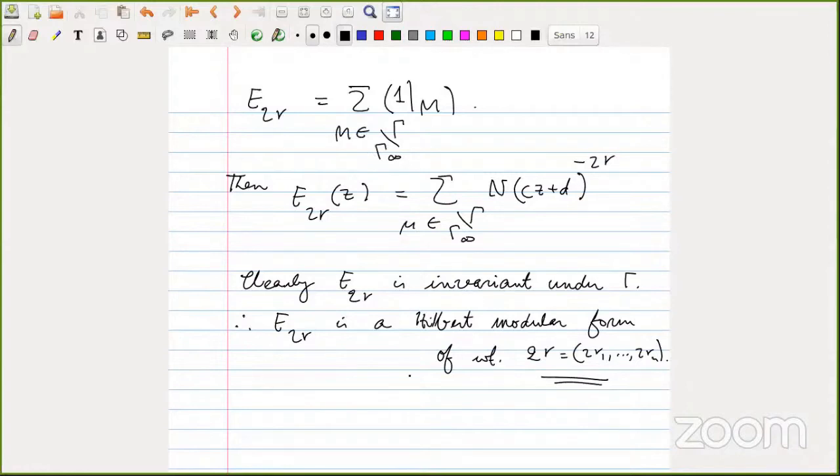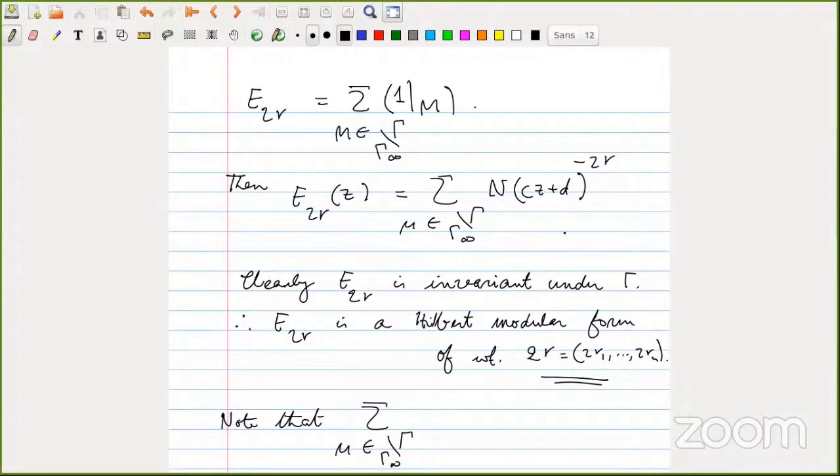But we are not done because we still have to show that this sum makes sense. How do we do that? It's not very difficult. Let's just take the absolute value of this sum over gamma mod gamma infinity, and the norm.